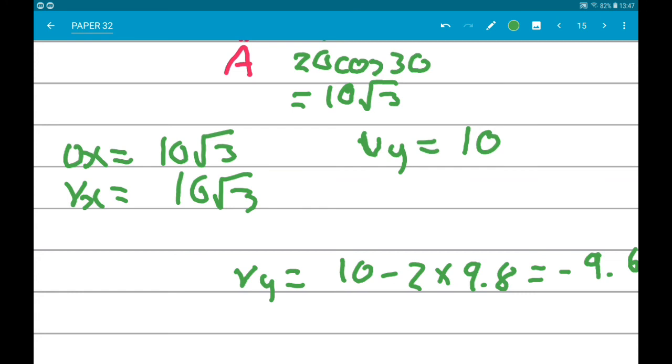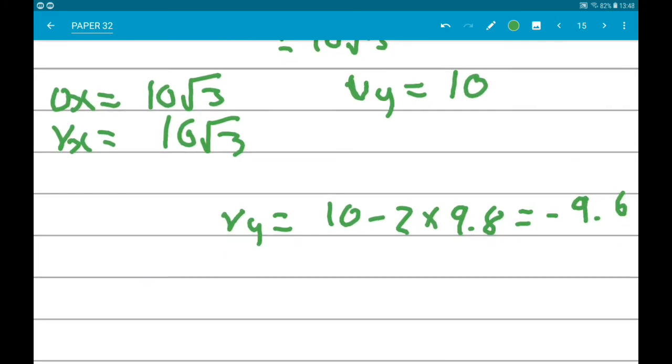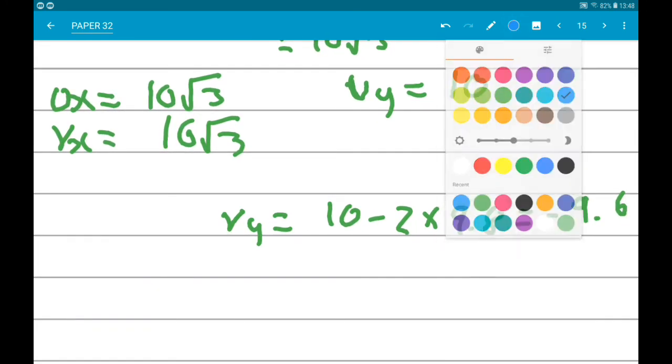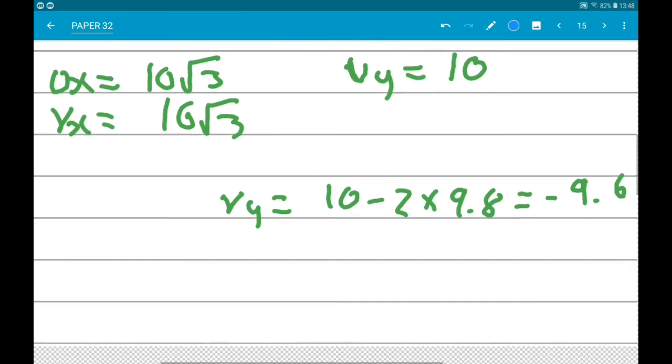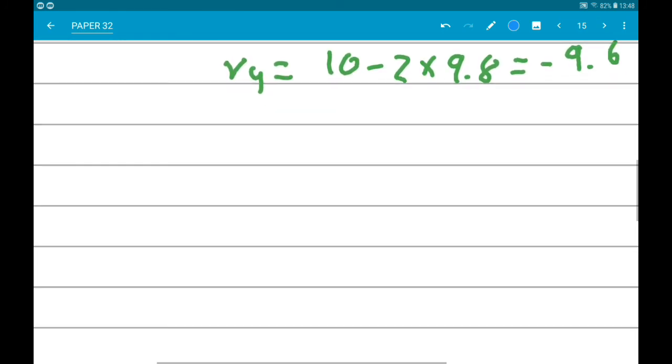So that tells us that when t is 2, P is moving down and to the right.